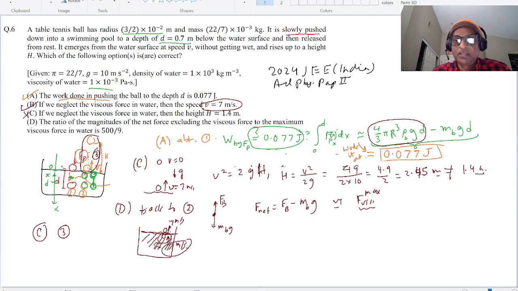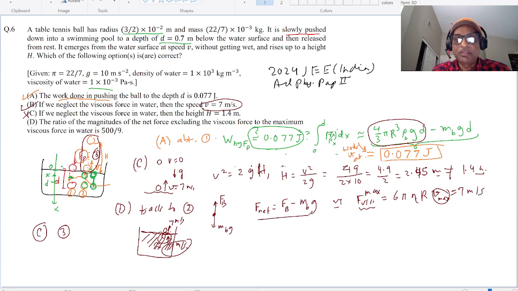So we can use the maximum velocity for that. So that's going to be 6 pi eta r v max, which is equal to 7 meter per second in this present case.